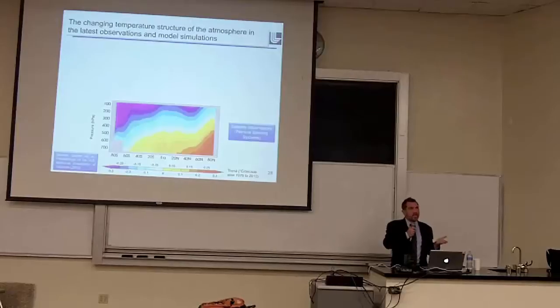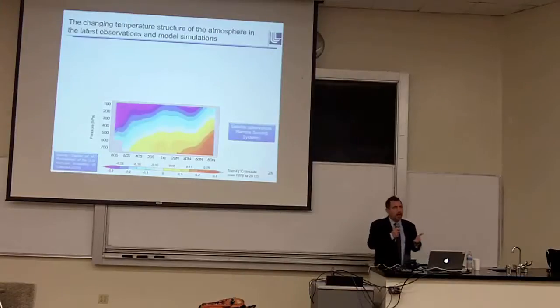Now, back then in the 60s, we didn't have the satellite data. We really didn't have the weather balloon data either, because weather balloons burst when you got them above about 20, 25 kilometers. So we didn't know whether there was actually cooling at higher levels in the atmosphere. Those early pioneering calculations could have been wrong, but they weren't. Subsequently, weather balloons and satellites have confirmed this warming of the lower atmosphere and cooling of the upper atmosphere.